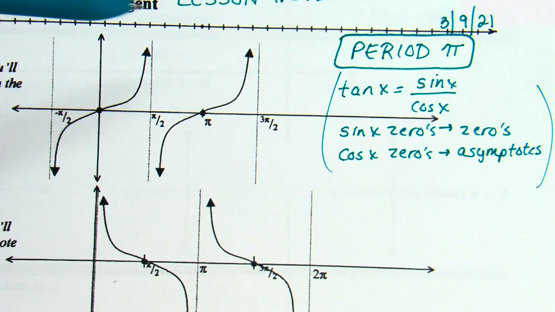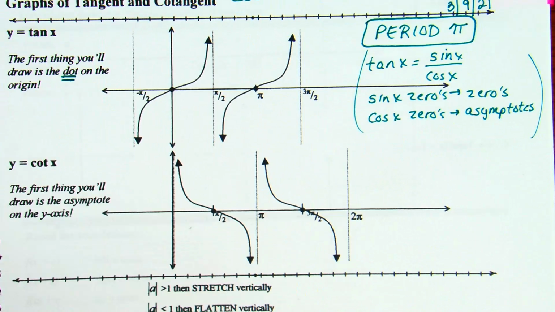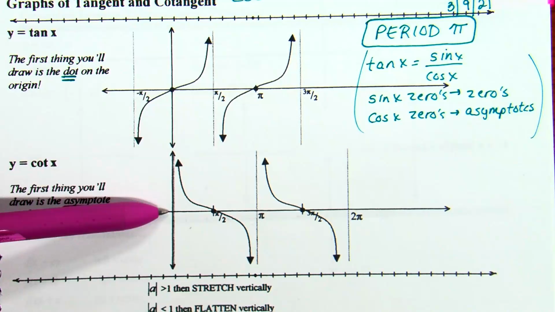So, tangent: the period is pi, and your dots start at 0. Now, look at cotangent. The first thing you'll draw is the asymptote. Instead of having a 0 at the origin, you have an asymptote.